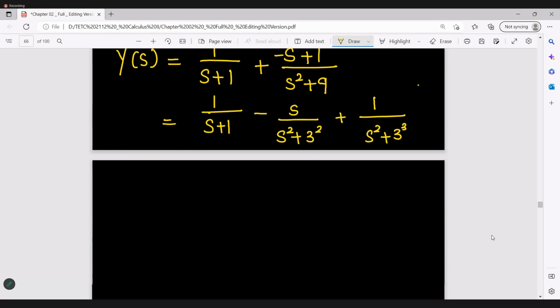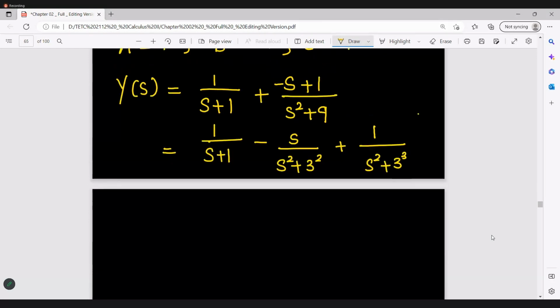Okay, let's discuss one by one. What should be the inverse of this one? Just the inverse Laplace transform of this one. So to find small y of t, we need to take the inverse Laplace transform of this capital Y of S. So what should be the first one?